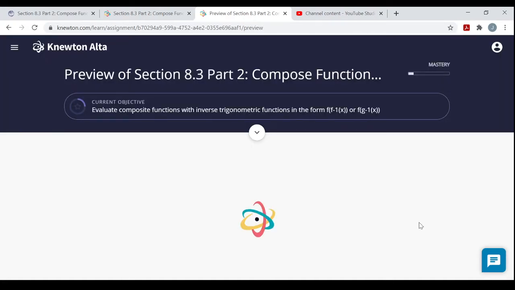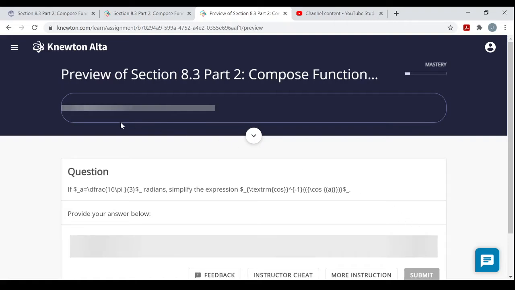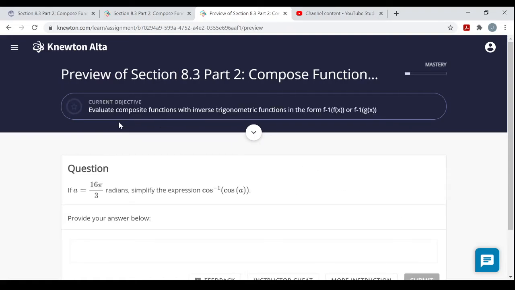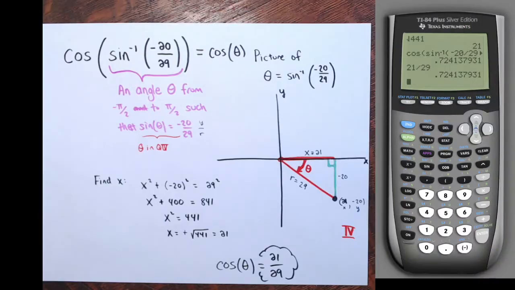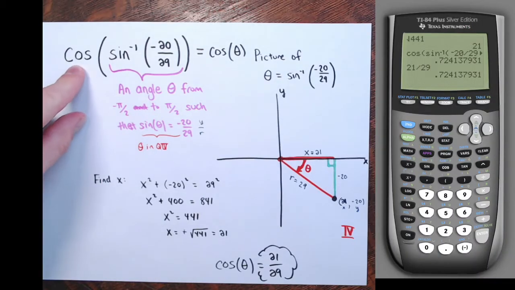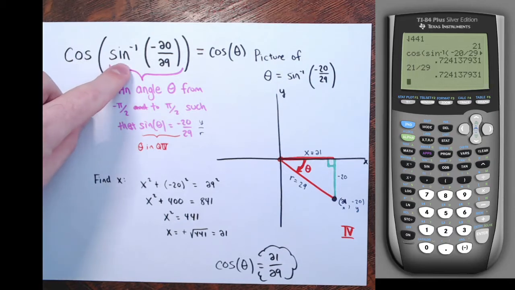All right, so this is a different objective. There's only two objectives in this. This is the other way around. The last problem I showed you had a regular function, cosine, on the outside, composed with an inverse trig function on the inside.